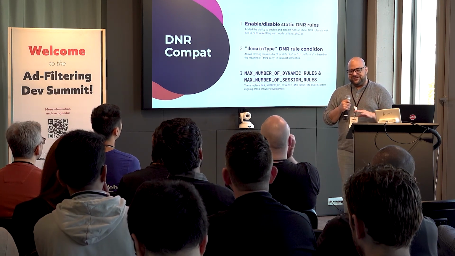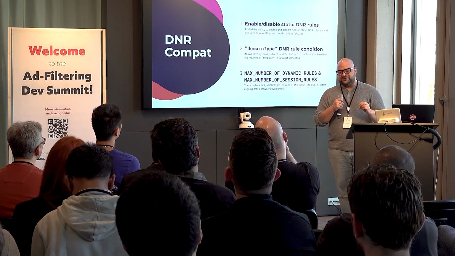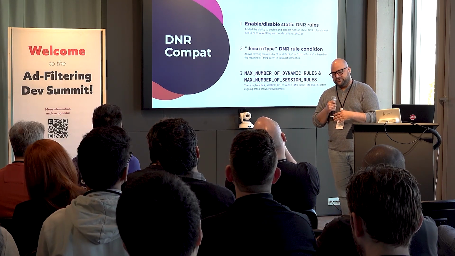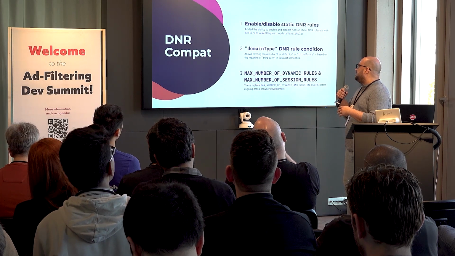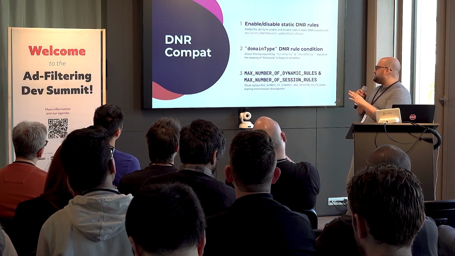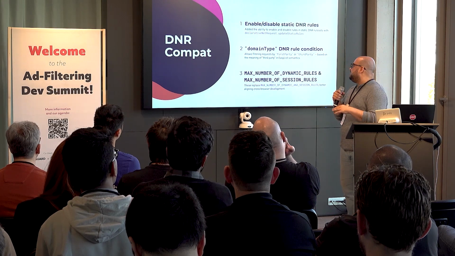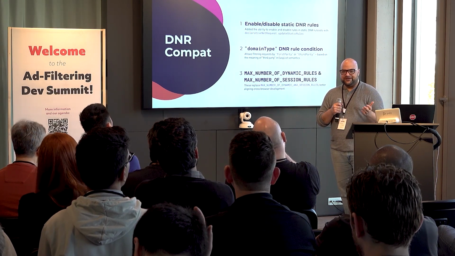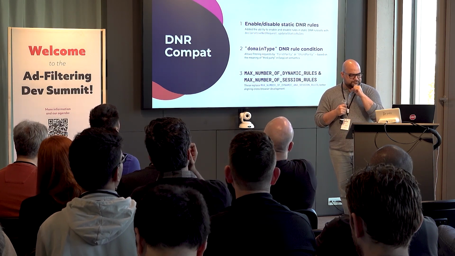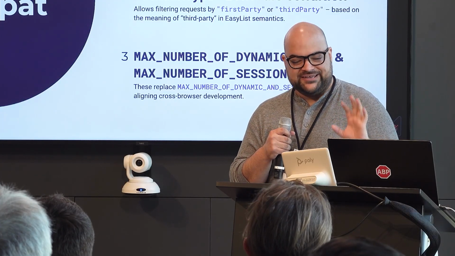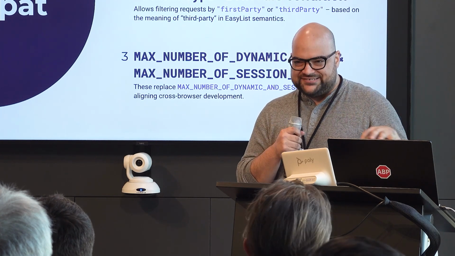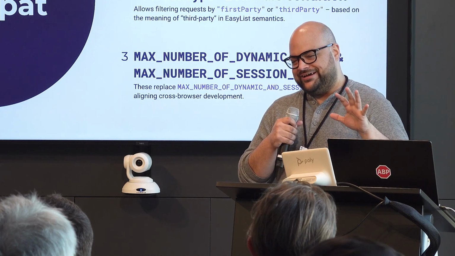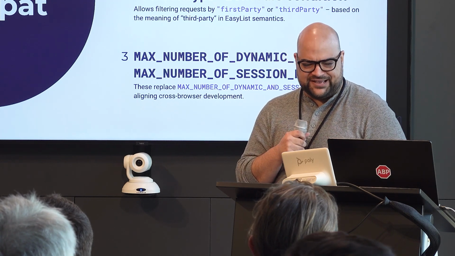I think eyeo championed the work on introducing the ability to control whether or not a given static rule is enabled, and that was introduced in the declarativeNetRequest.updateStaticRules method. We now also support that. And so it's possible for ad blockers and filter list maintainers to deploy updates to the statically bundled rule sets and introduce dynamic rules that will also modify the rule sets being executed at runtime.